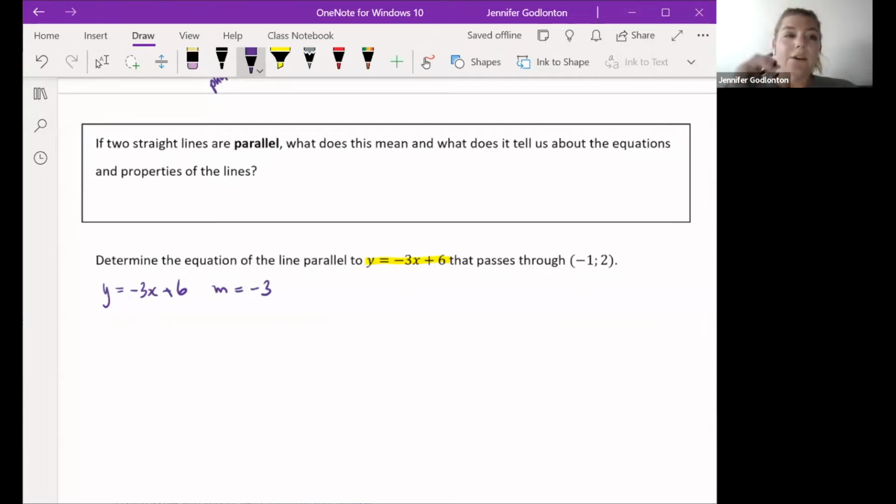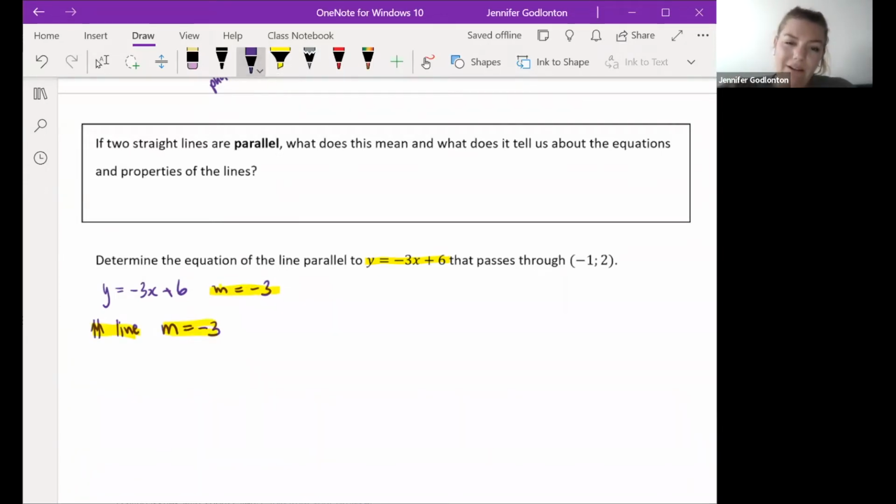That's awesome. So if I have a parallel line, then the gradient of that parallel line is also going to be negative 3, because if this gradient is negative 3, then my parallel line will also have a gradient of negative 3.